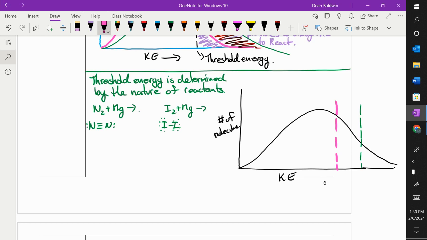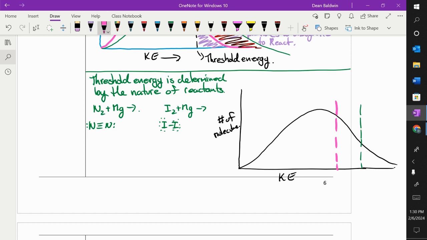Which one of those lines is a threshold energy for iodine, and which one is a threshold energy for magnesium or nitrogen? The green one is nitrogen. Yes. Iodine is pink. We said the same thing.